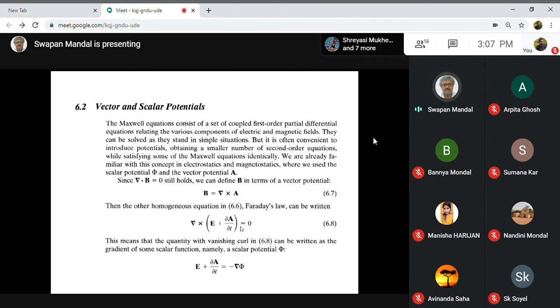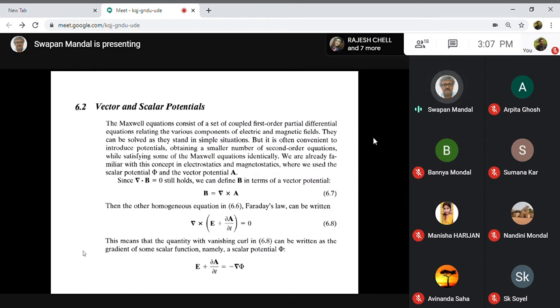Anyway, mathematically I do not have any problem. Curl of E plus del A del T equal to 0. Therefore, the entire vector can be written as the gradient of a scalar function, because you know that the curl of the gradient of a scalar function gives rise to 0.